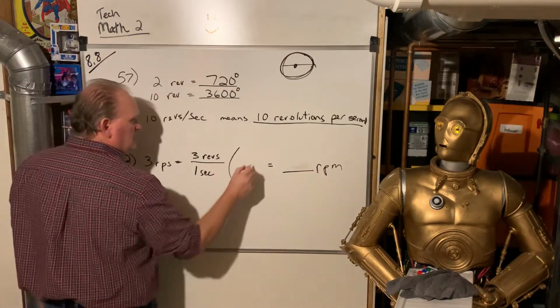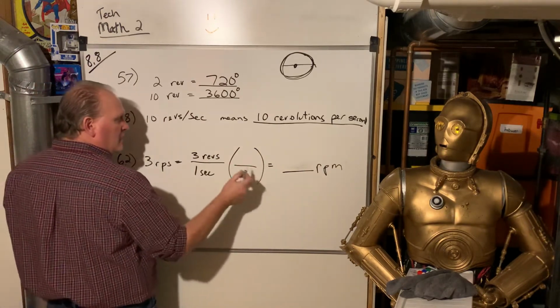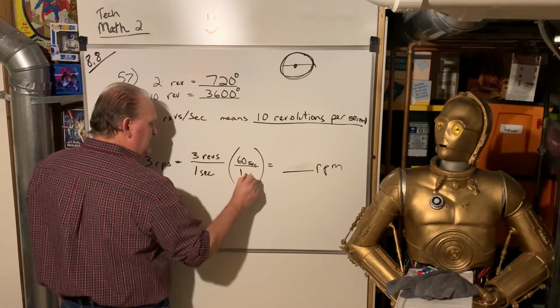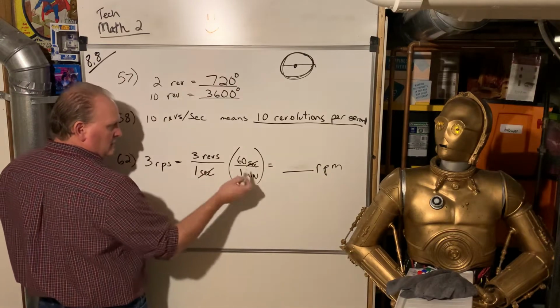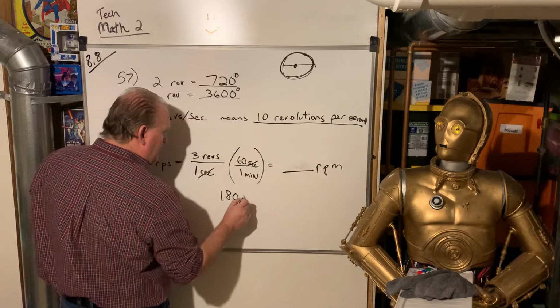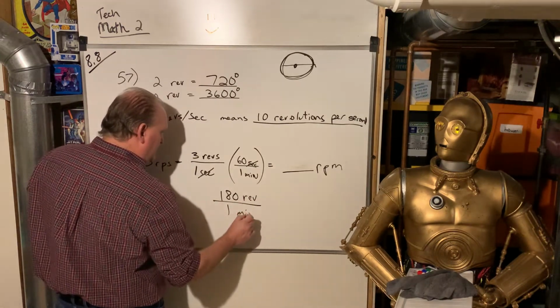So we're just going to use our little stoichiometry, just multiply by a fancy 1. 60 seconds is 1 minute. And now look what happens. The seconds cancel, and we're left with minutes. And so 3 times 60 is 180 revolutions in 1 minute.